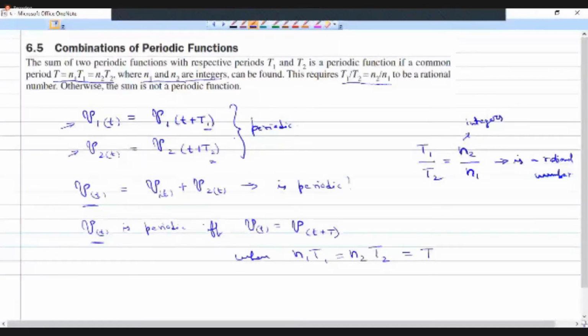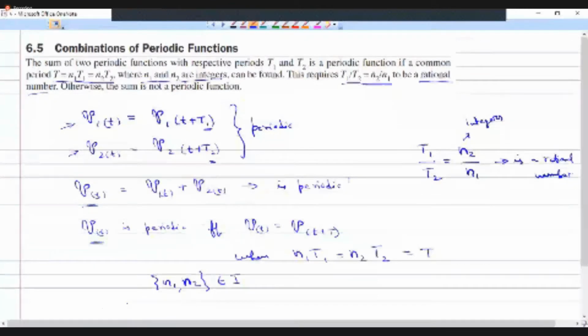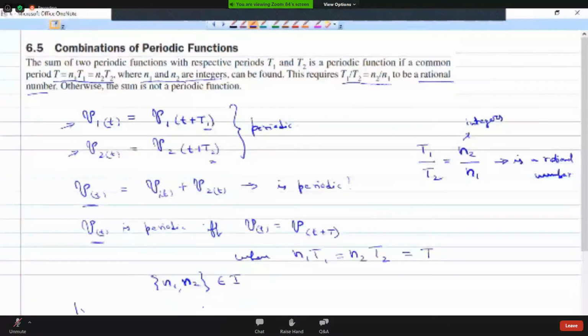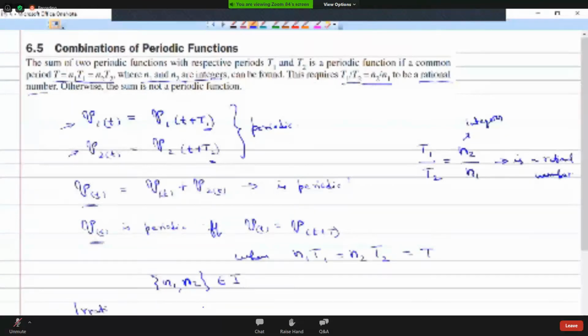So what is a rational number? We have said that n1 and n2 are integers. Then only we will get the ratio of n1 by n2 or n2 by n1 as a rational number. So what is a rational number and what is an irrational number? Can you give me an example for an irrational number?